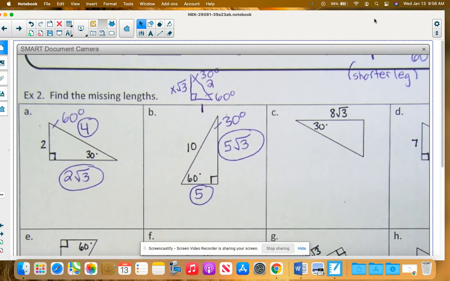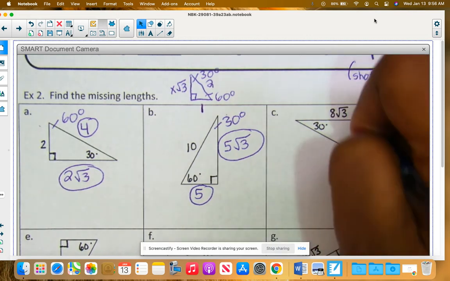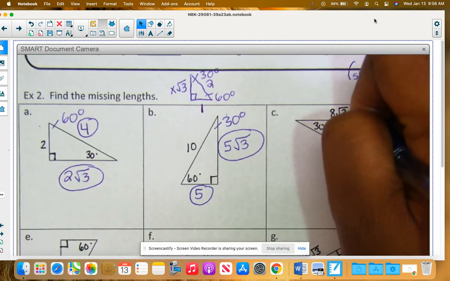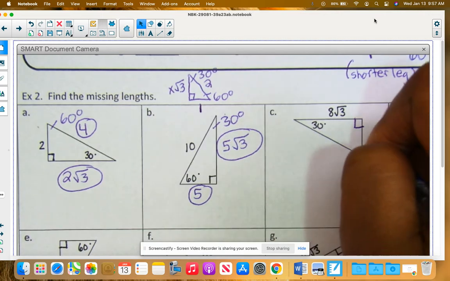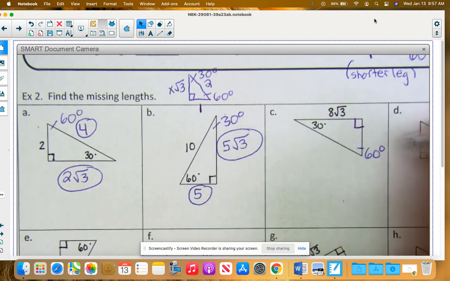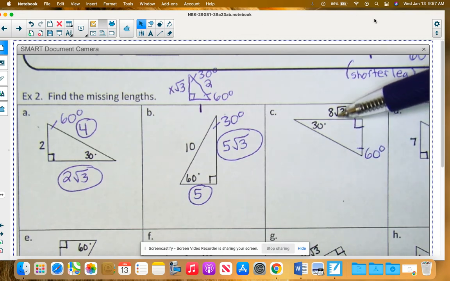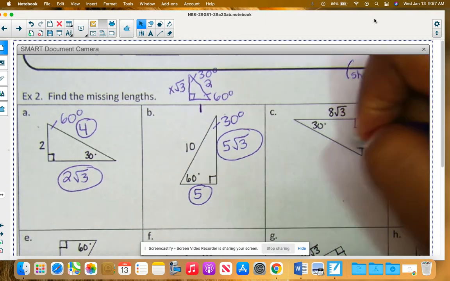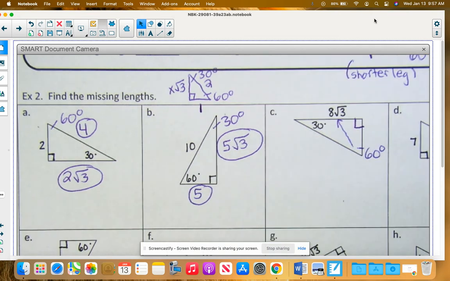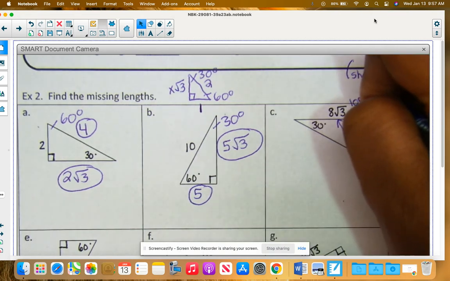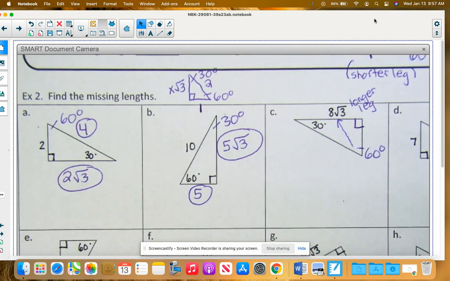Right? C, label, label, label. This is my right angle here. So if that's 30, this is 60. Okay, things that I know. This 60 corresponds to the longer leg. So I know my relationship between the longer leg and the shorter leg is that you just multiply the shorter leg by the square root of 3.